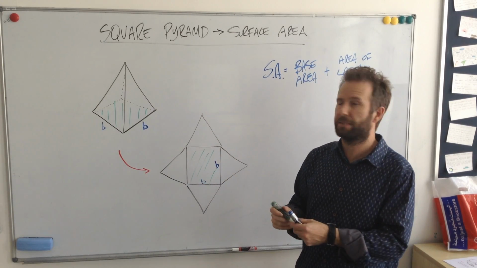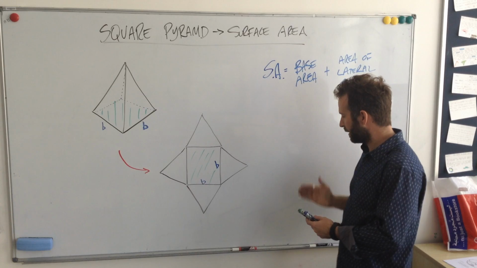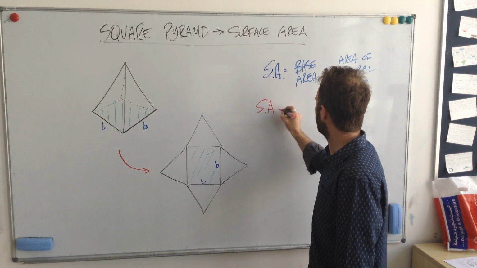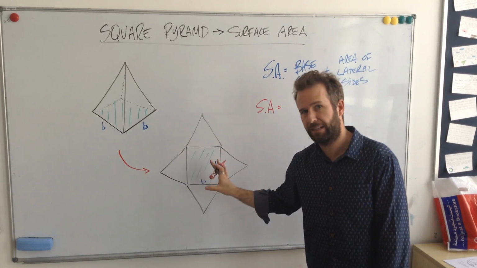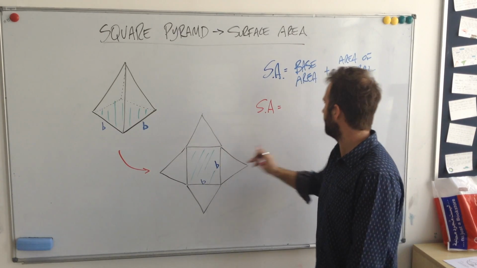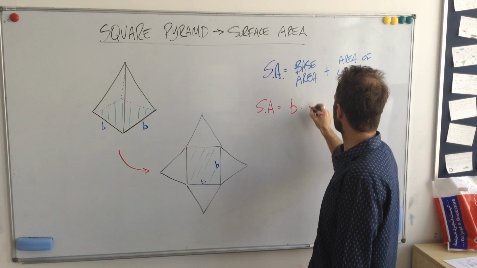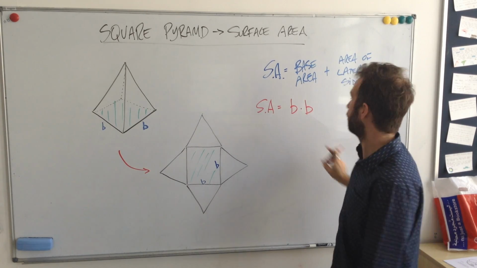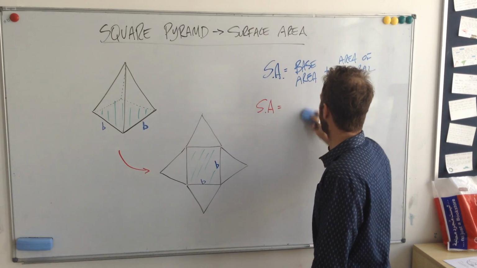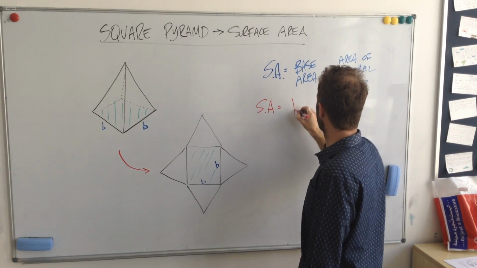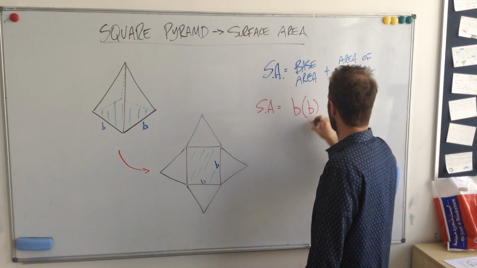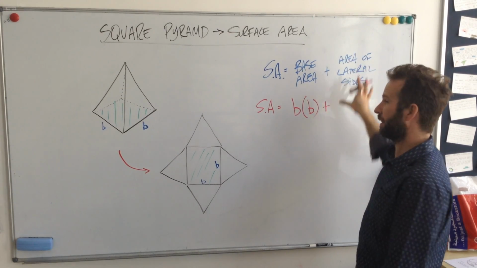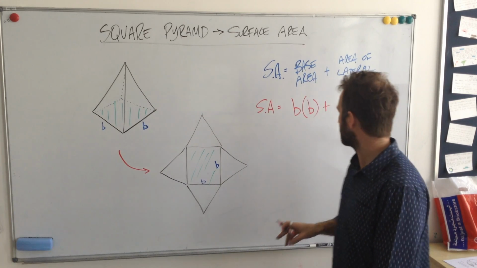That's the base. So as far as our formula is concerned, the surface area is going to be equal to that area. Now it's b multiplied by b. Now, I know I always say don't put the dot there, so I'm going to take my own advice, and I'm going to indicate it as b multiplied by b, just like that, plus the area of the lateral sides, which we'll come back to in just a second.